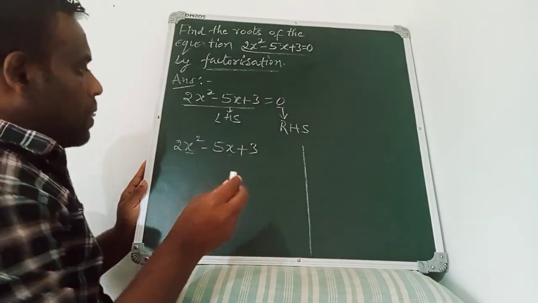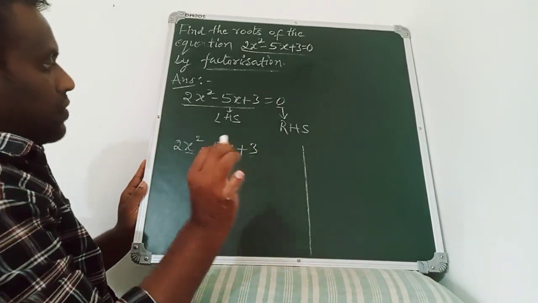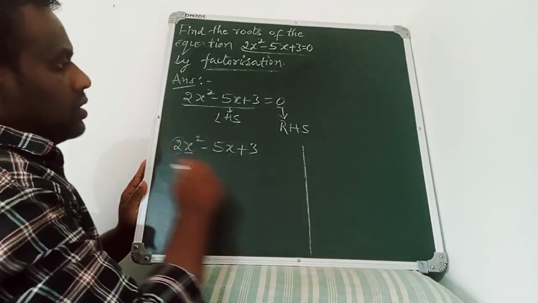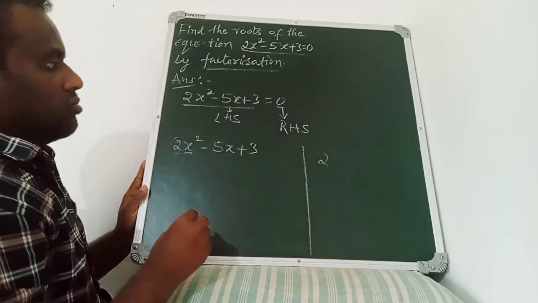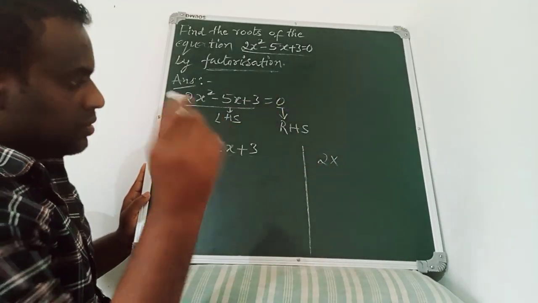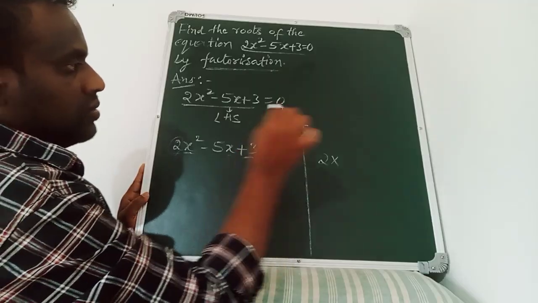Now what you do? Take the coefficient of x square. So the coefficient of x square is this 2. Now you have to multiply 2 with what? Take this constant 3.